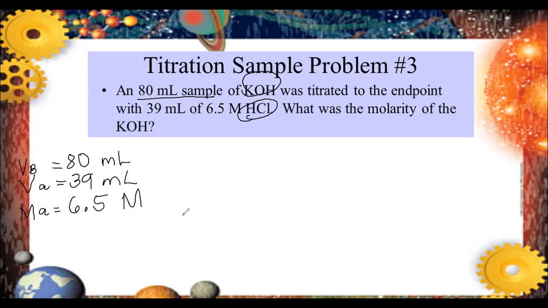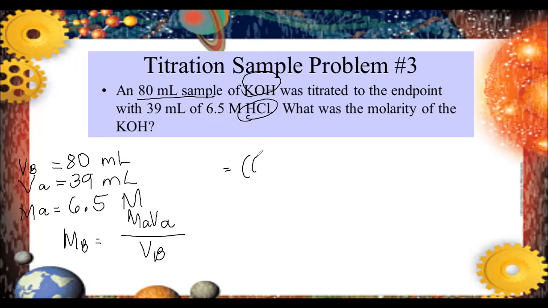Okay. Now, the missing in our problem is our molarity of base. So we have the formula MaVa over Vb. So let us substitute the given to the formula.